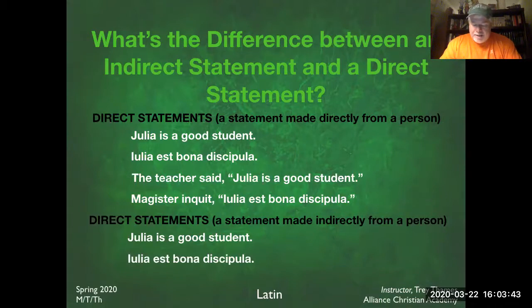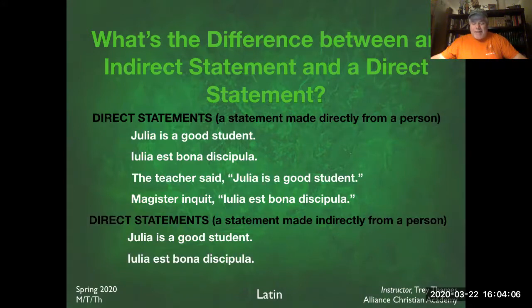I apologize. The teacher says that Julia is a good student. Notice I'm reporting what somebody else has said, but it's not a direct quote. It's indirectly saying it. The teacher says that Julia is a good student. All right. In Latin, here's what that would look like. Look just below that.